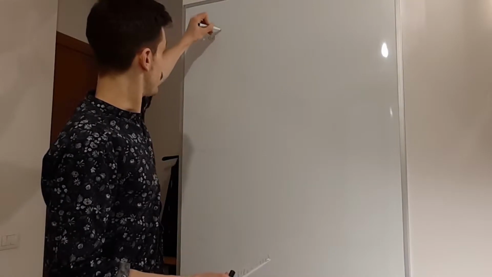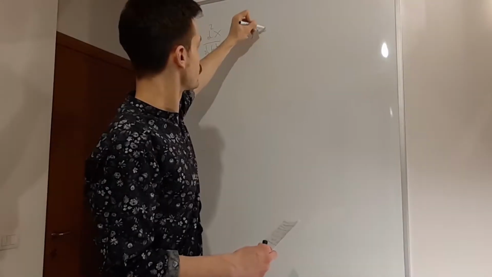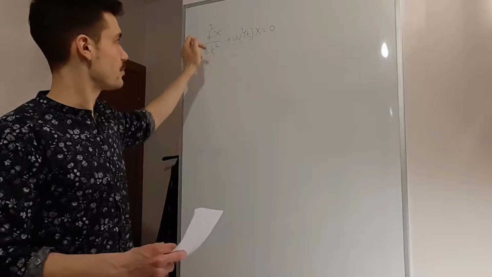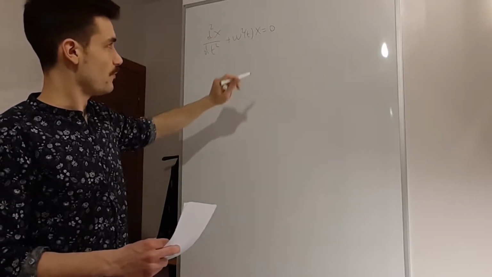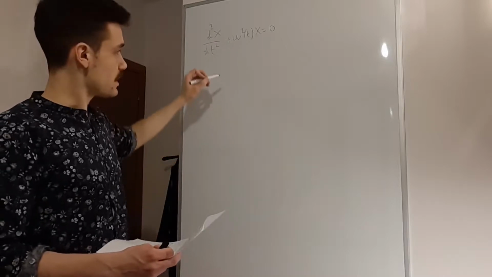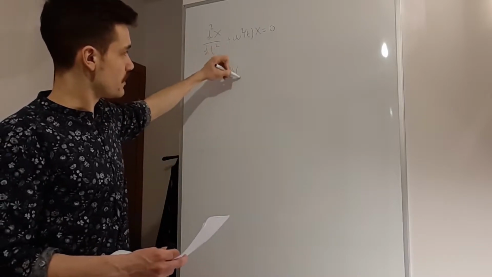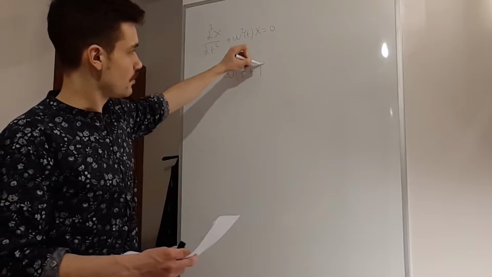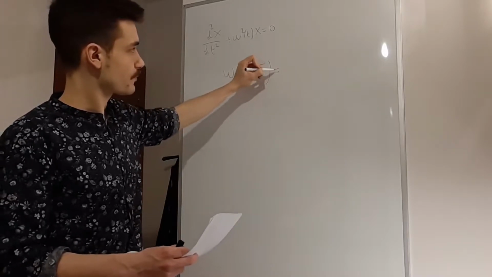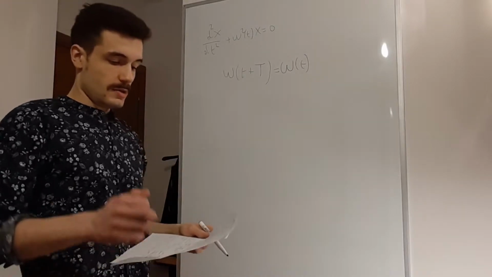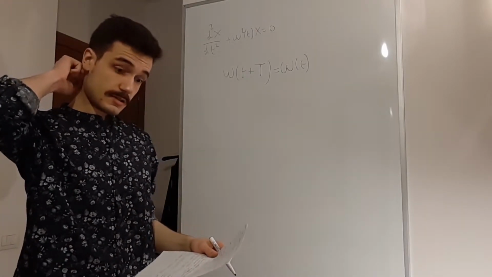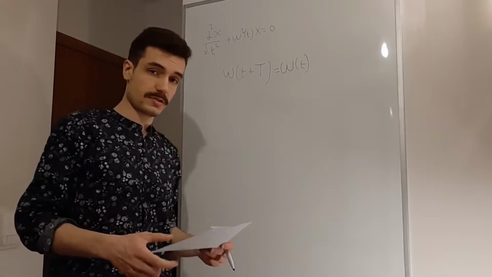So if we have again our oscillation equation, and we have now that omega dip is time dependent, and of course it must be periodic, as said, with period big T. In this case we can find two solutions to this problem.